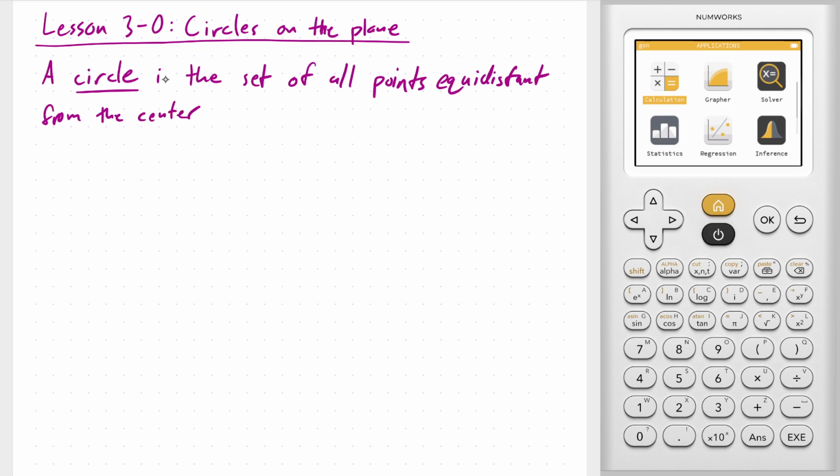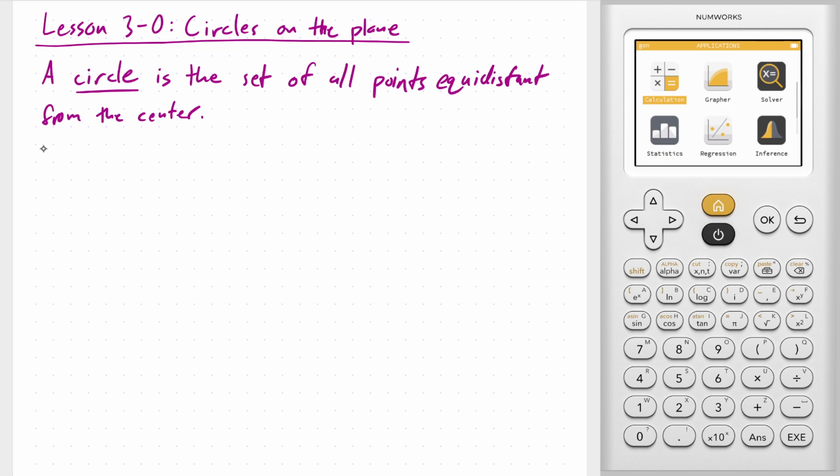Basically you have a point and you find all the points that are the same distance from that point, and the collection of all those points together on the plane is a circle.